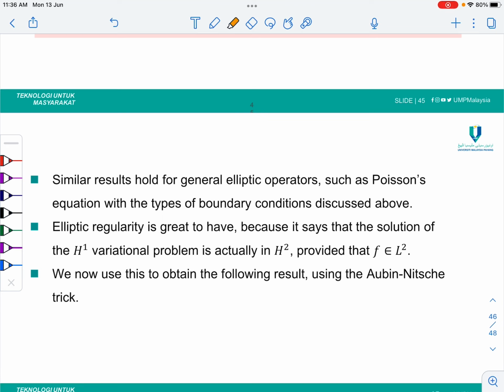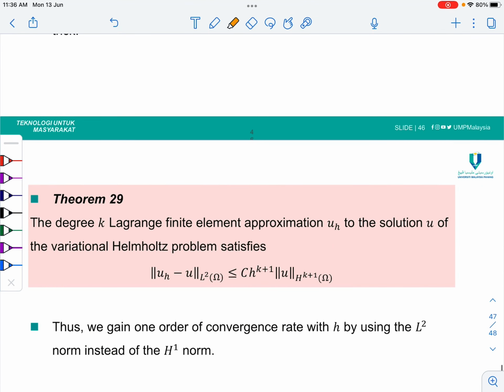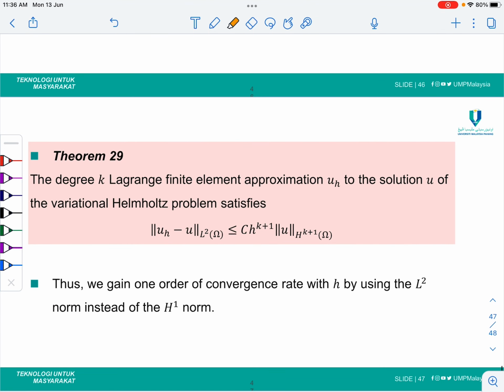Elliptic regularity is great to have because it says that the solution of the H1 variational problem is actually in H2, provided that f is in L2. And now we use this to obtain the following result using the Aubin-Nitsche trick, stated in Theorem 29.